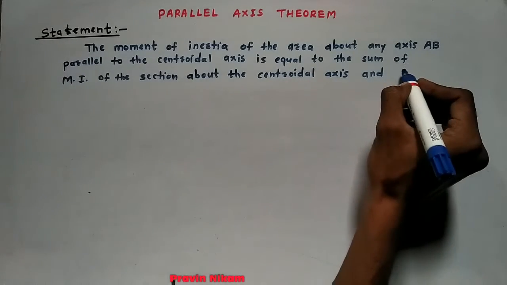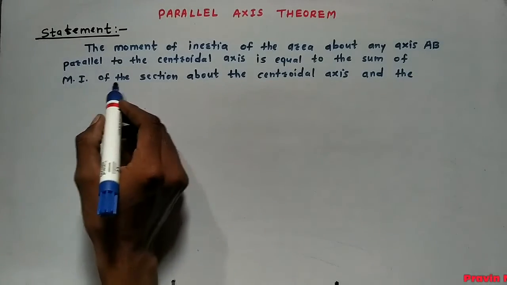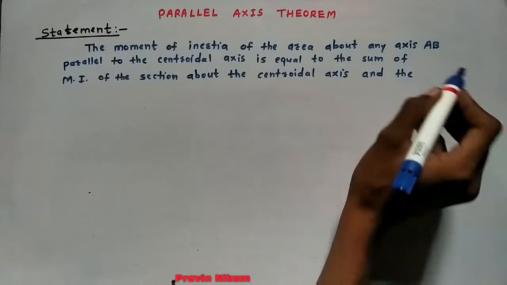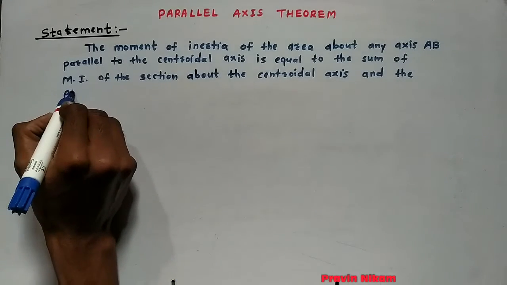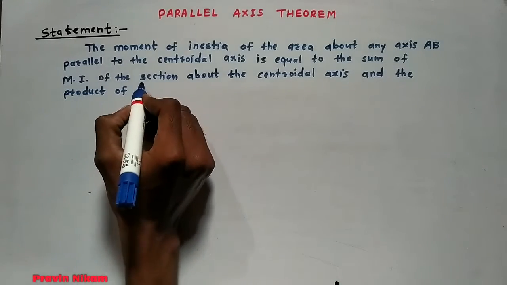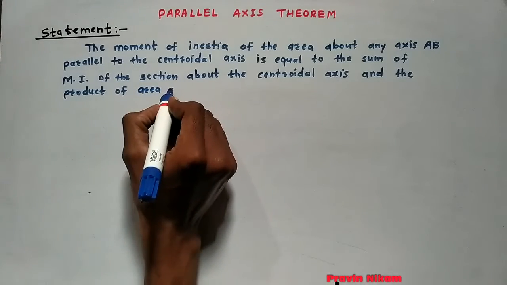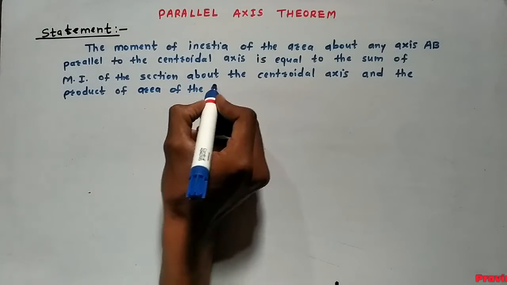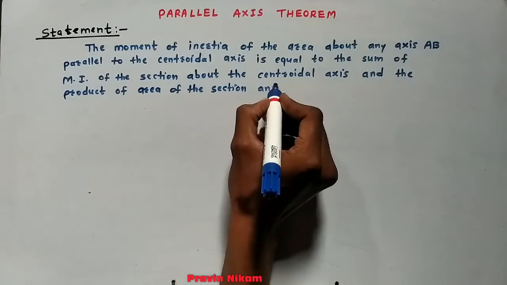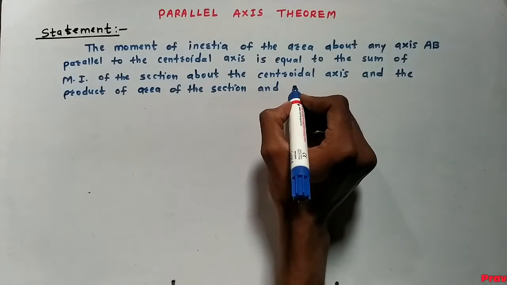and the product of the area of the section and the square of the distance between the two axes.